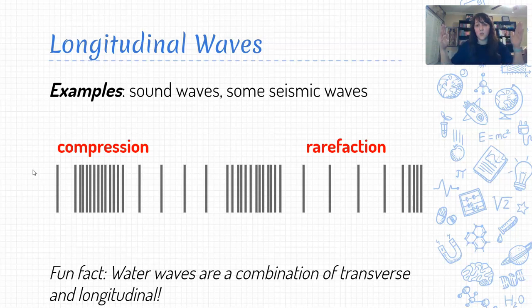And then places where the particles are farther apart, we call rarefactions, because it's a lower density area. It's rarefied, essentially. And so instead of having these alternating peaks and troughs in longitudinal waves, we have alternating compressions and rarefactions. But ultimately, the general cyclical nature of waves is the same for both of those.